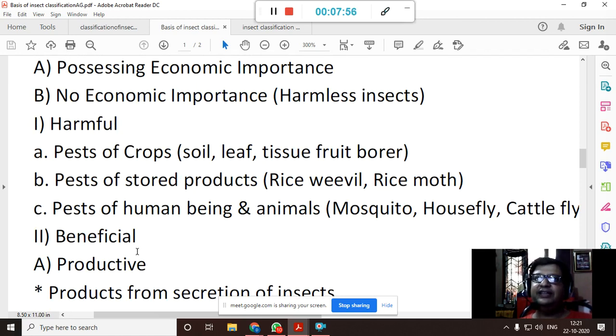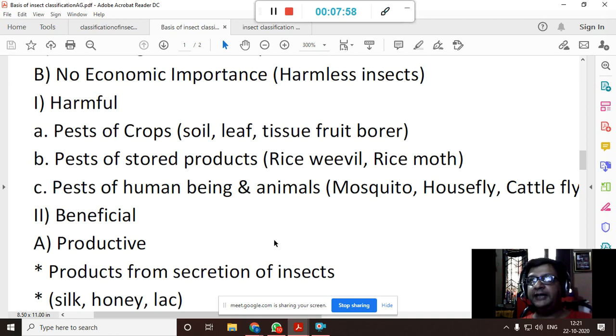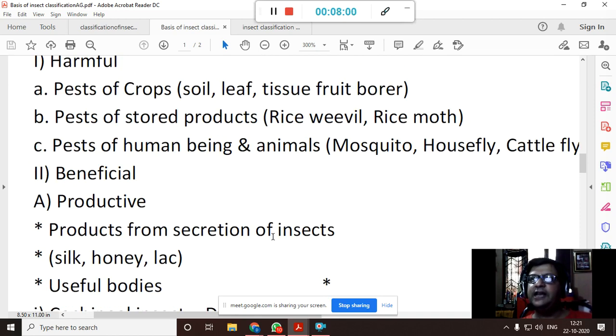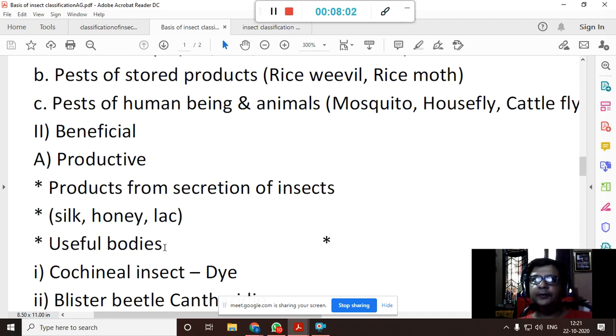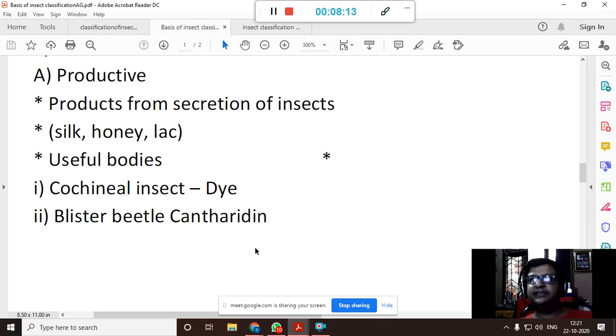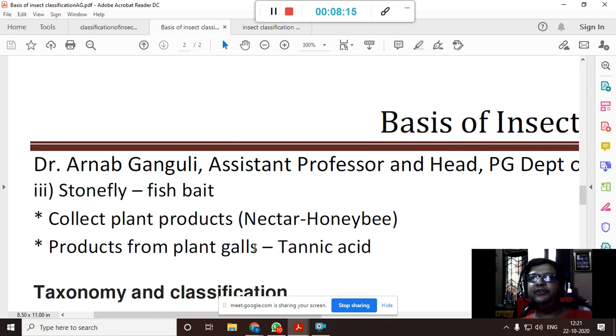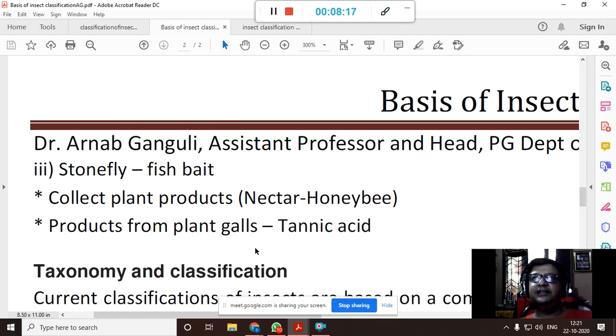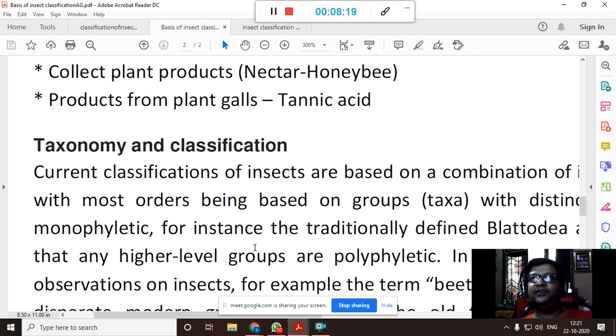Housefly, cattlefly. They can be beneficial, like honeybees, silk, lac. They are used for making dyes also. Blister beetle is there: cantharidin is made from blister beetles for healing blisters. Nectar, tannic acid, all these are important.